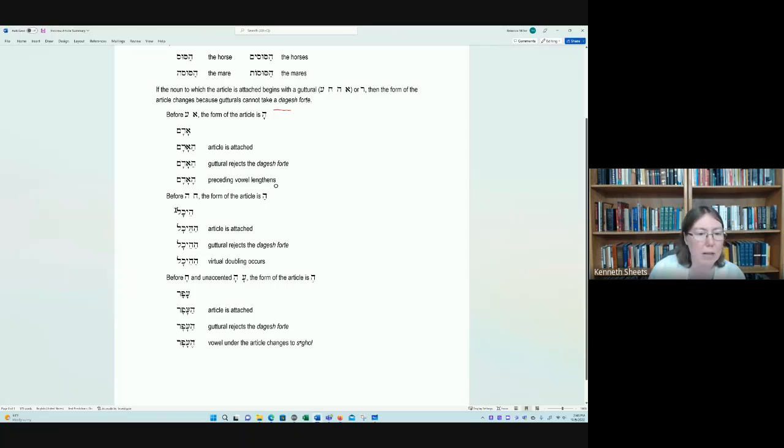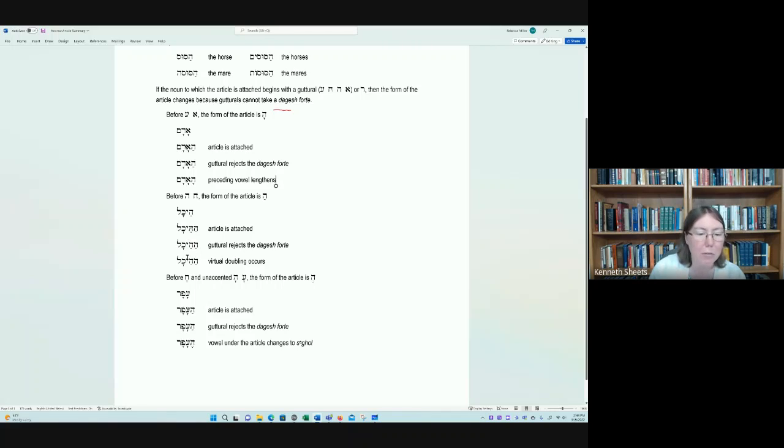Now, notice as well here, before hey and cheth, the form of the article is simply hey with a pathach, no dagesh forte. So let's take, for example, the word heikal, that is palace. If I add the article to it, hey with a pathach followed by a dagesh forte, well, we've got a problem because the dagesh forte is inside of the hey, which is a guttural.